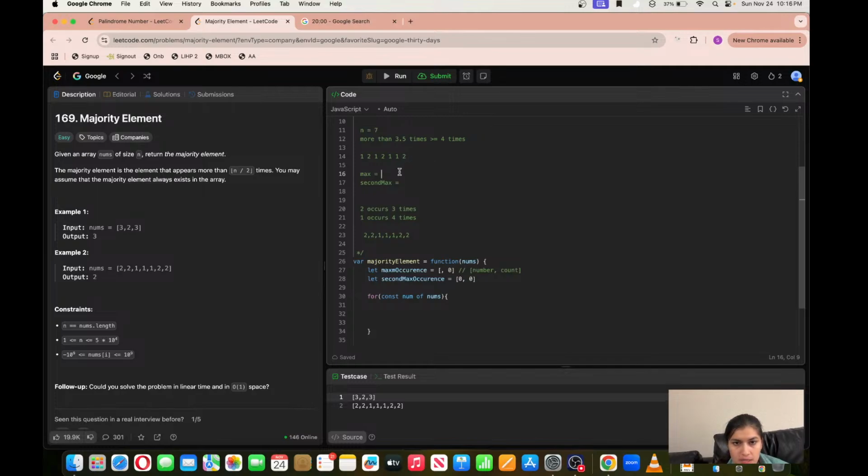So in the beginning, maximum can also be 1. So count is 1, right? And there is 2. 2's count is also 1. Suppose there is 1 again. Okay, so 1's count is 3. And second maximum. So I got a new number, right? Whenever I get a new number, my second maximum will be updated to 1.